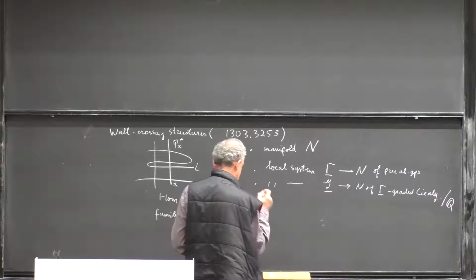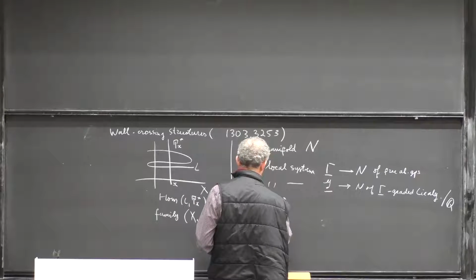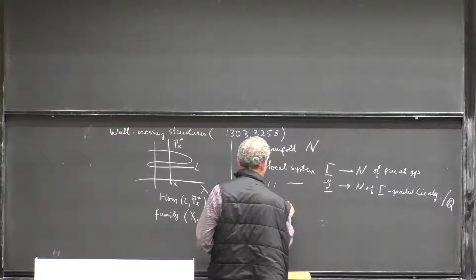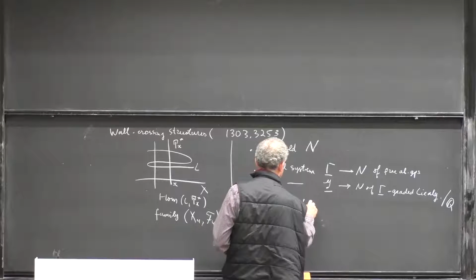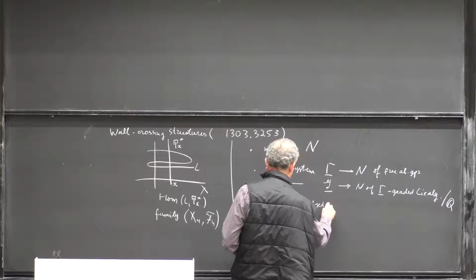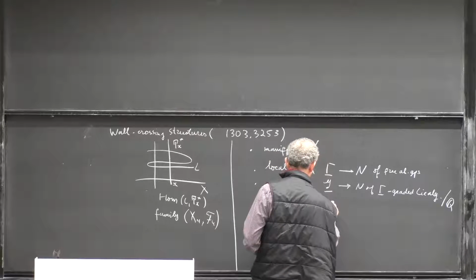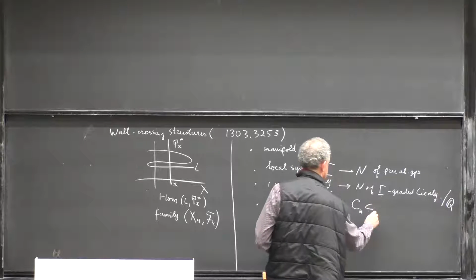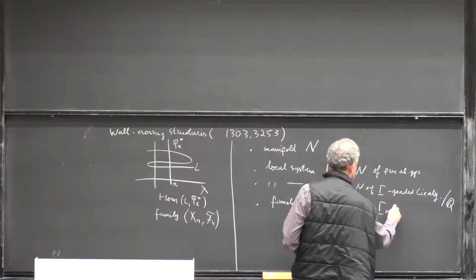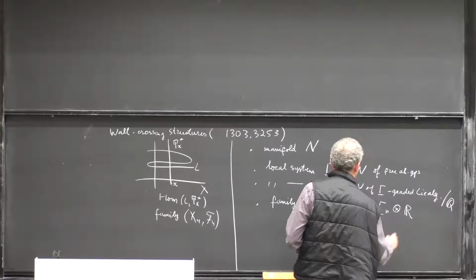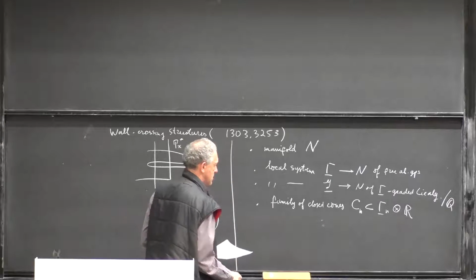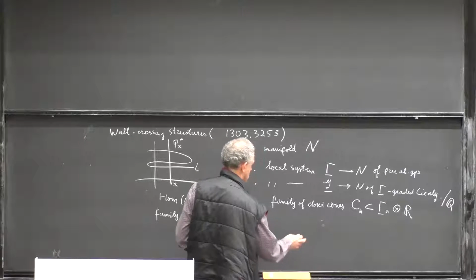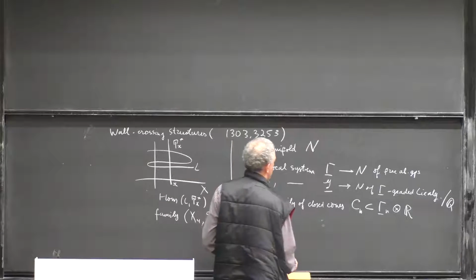Now, in general, part of the data is a family of closed cones, actually strict convex cones, in the vector space generated by the lattice, and they should vary continuously or smoothly on the point of N.